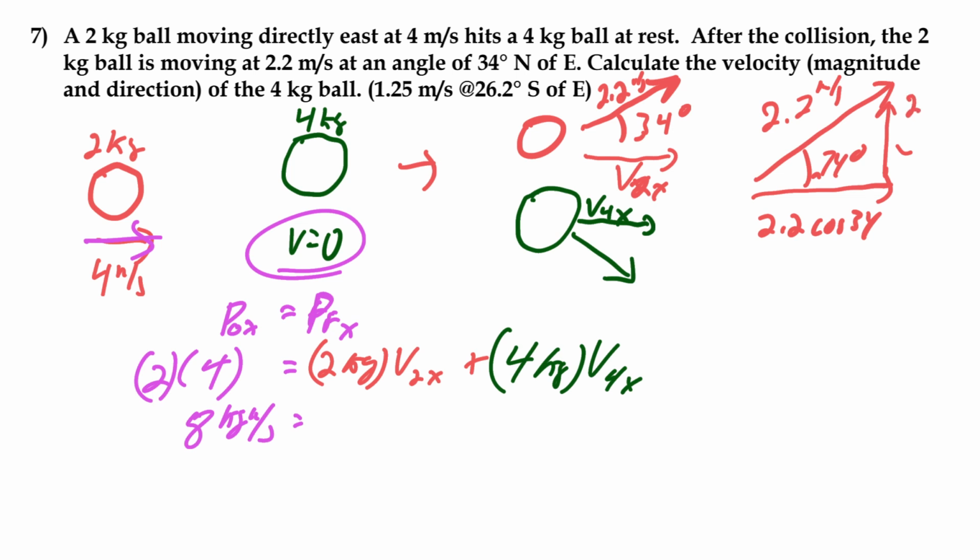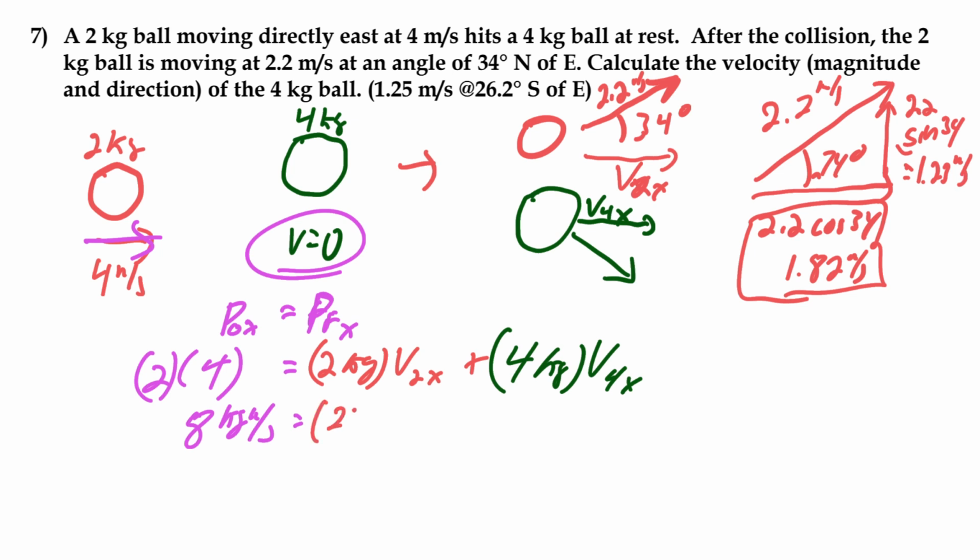This one would be 2.2 sine of 34. So let's go ahead and do these out. So this horizontal velocity is going to be 1.82 meters per second. And this vertical velocity is going to be 1.23 meters per second.